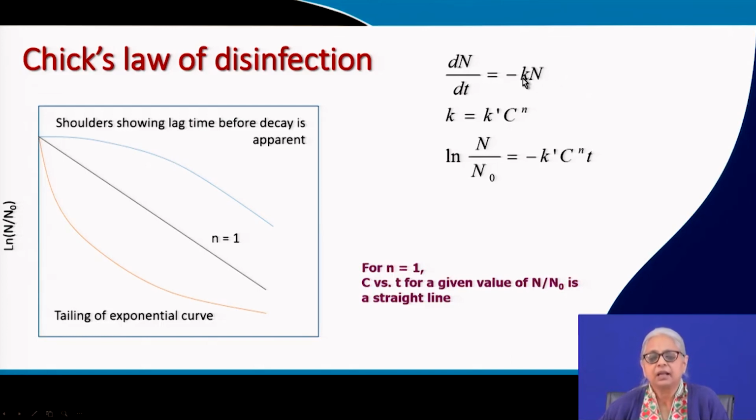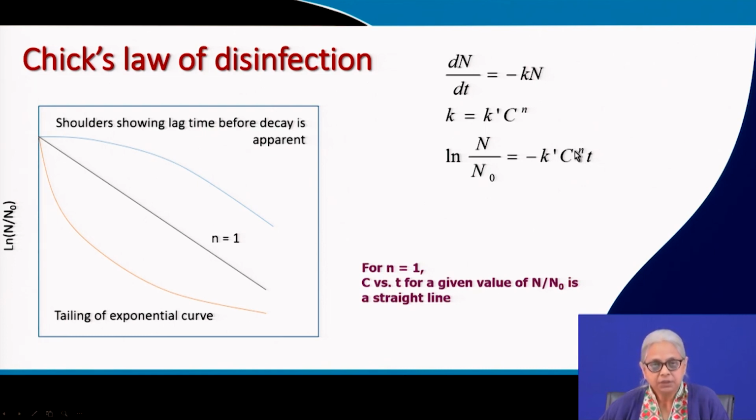Now this K is assumed to be a constant, but we know it is proportionate to the disinfectant concentration. So K can also be written as K dash C to the power n, and the straight line is for n equal to 1. When we integrate this, log N/N0 is going to be minus K dash C to the power n times T.